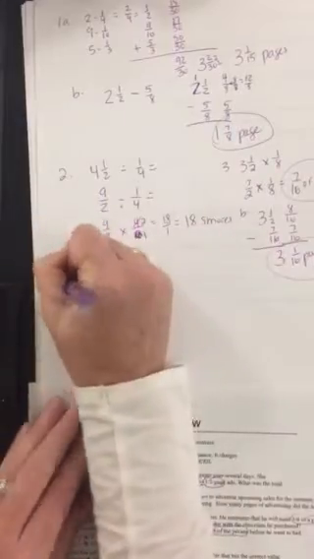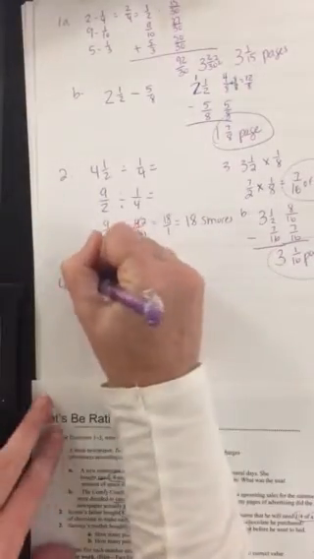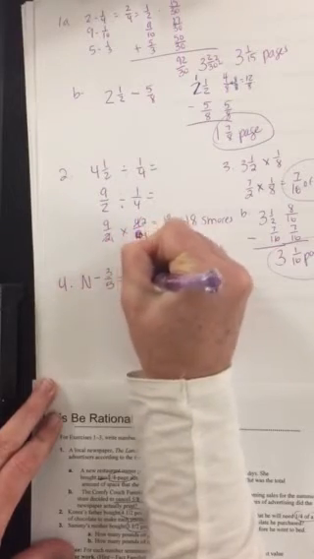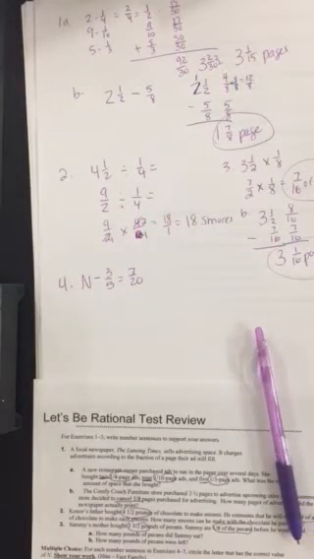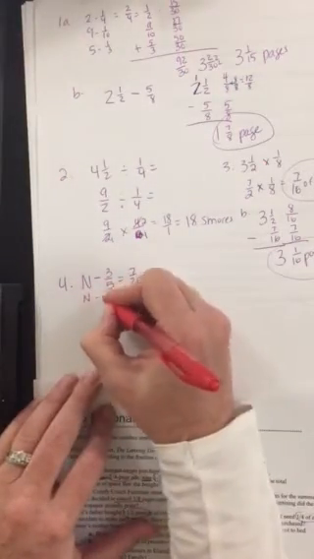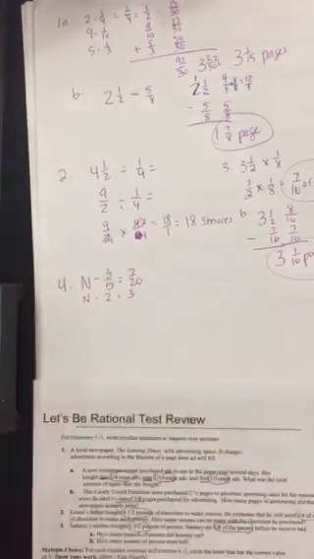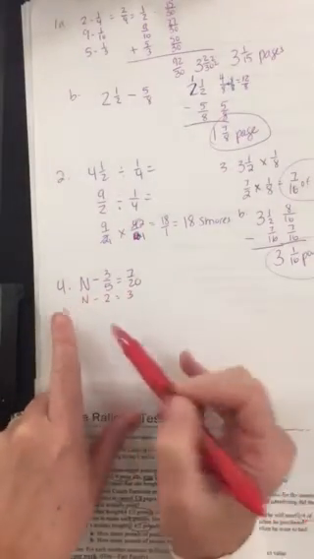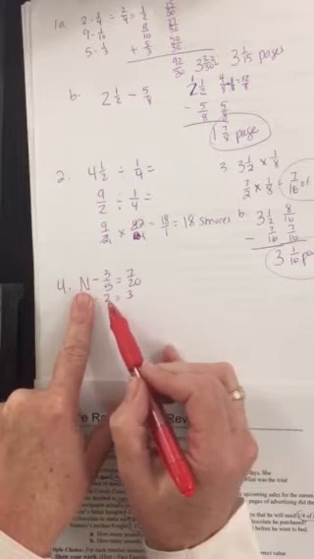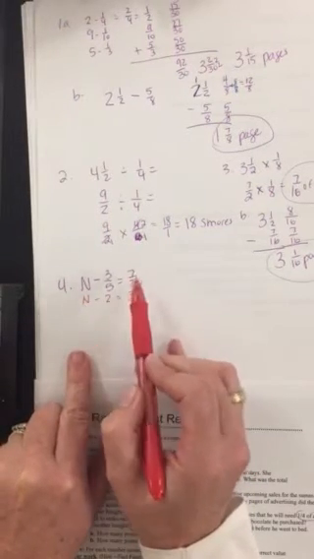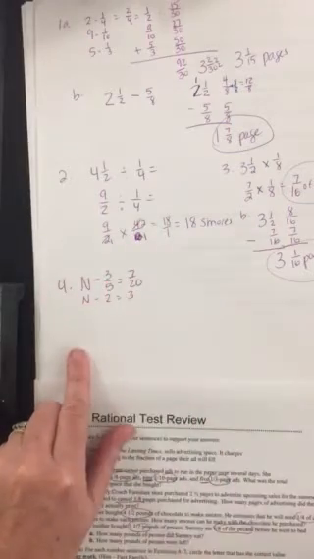Number 4, we have n minus 3/5 equals 7/20. This is where I usually will have you write an easy problem underneath it so you know what to do. I could do n minus 2 equals 3. Everybody knows in here that this is 5 because 5 minus 2 is 3. So if that's 5, I would do 3 plus 2 to get 5. So if I'm doing this plus this to get this, that means I do this plus this to get this.